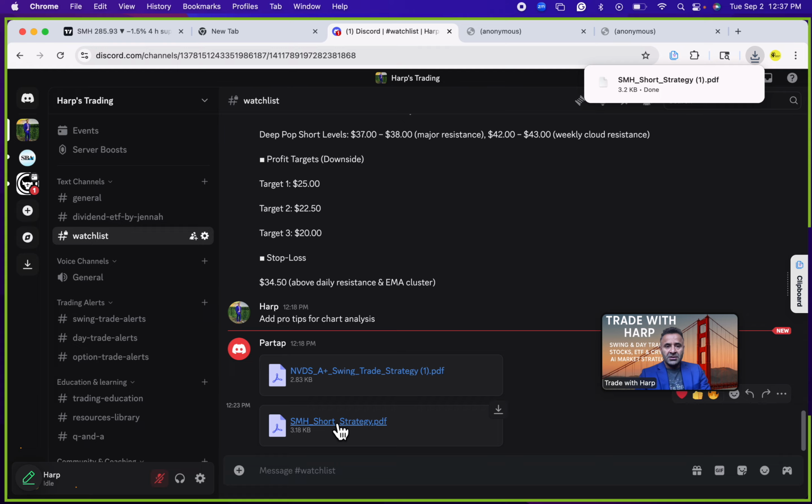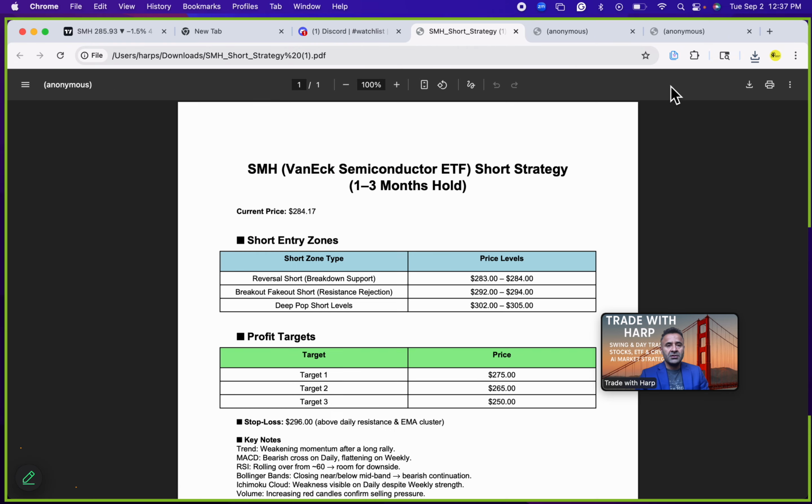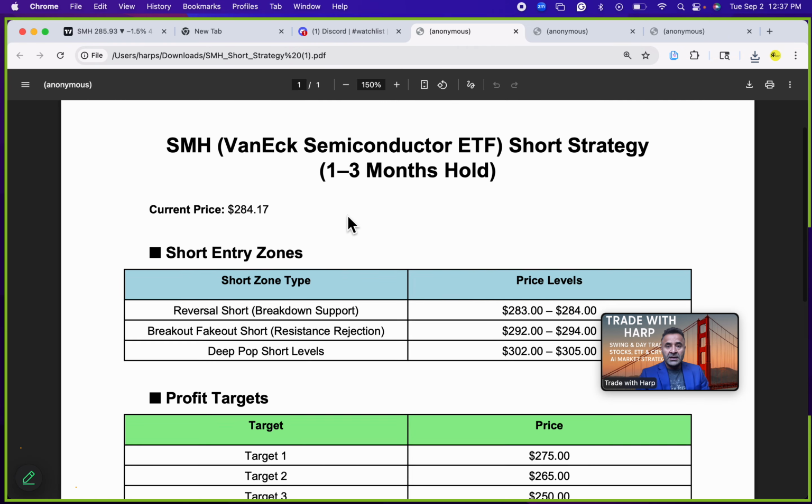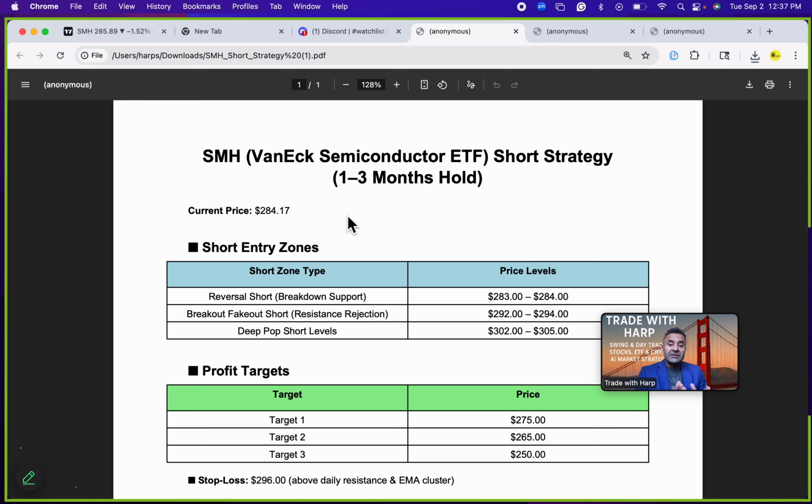SMH. This is semiconductors. Why I'm discussing this is very important, because our whole stock market right now is based on Nvidia and semiconductors. When semiconductors dip and go down, the market will go down.